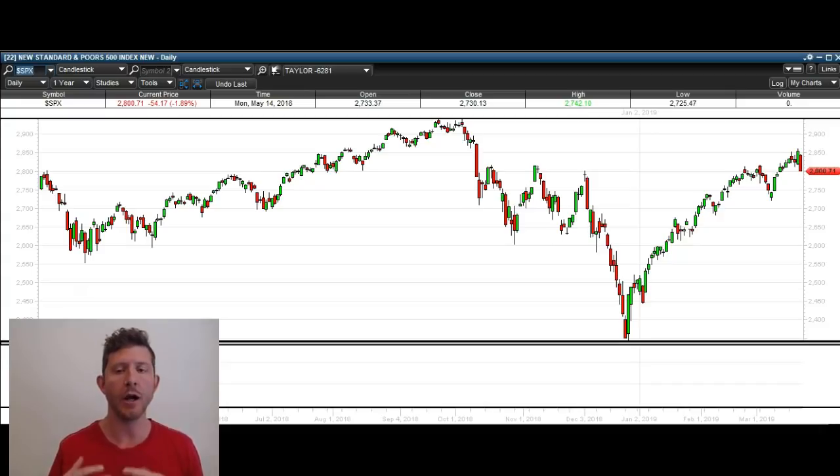So starting off here with the S&P 500 chart, we have been in a major bull trend. Very few dips, and all the dips that you've seen have gotten bounces. You can see there was that little dip, very similar to the action that we saw here, and we bounced.